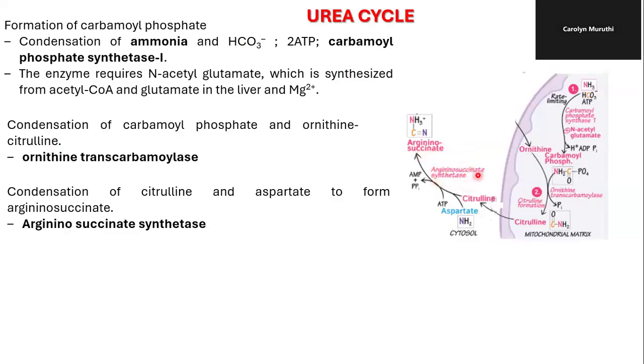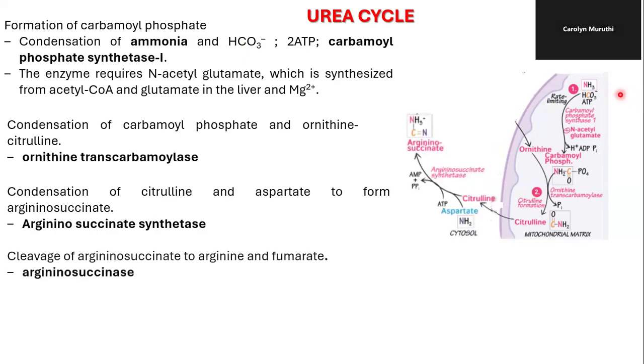And this reaction is catalyzed by argininosuccinate synthetase. The formation of argininosuccinate, as we said, is an ATP-dependent process. It is then cleaved to give rise to fumarate and arginine. And this reaction is catalyzed by argininosuccinase.